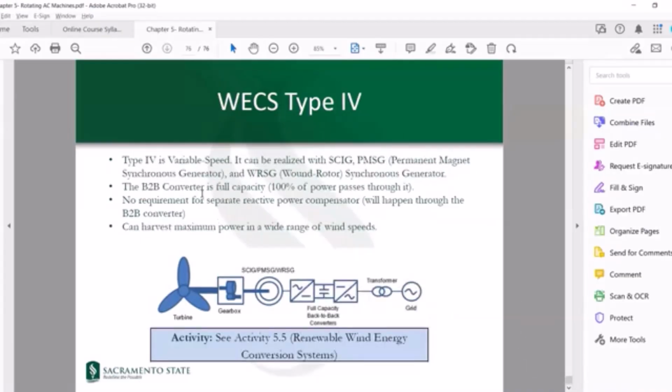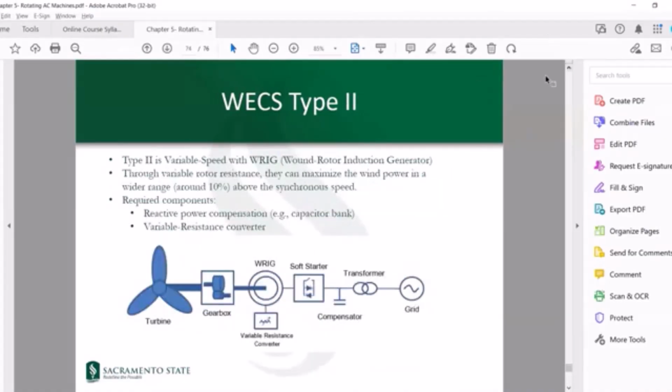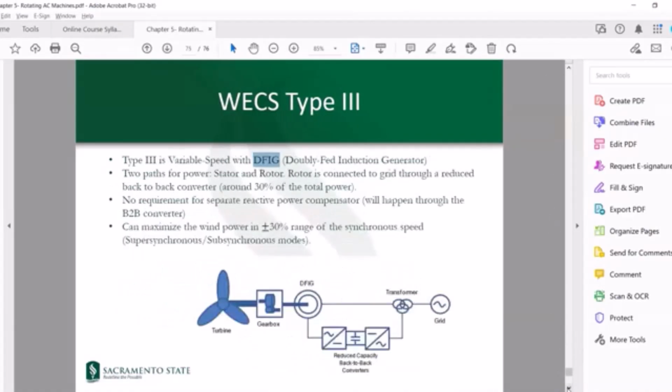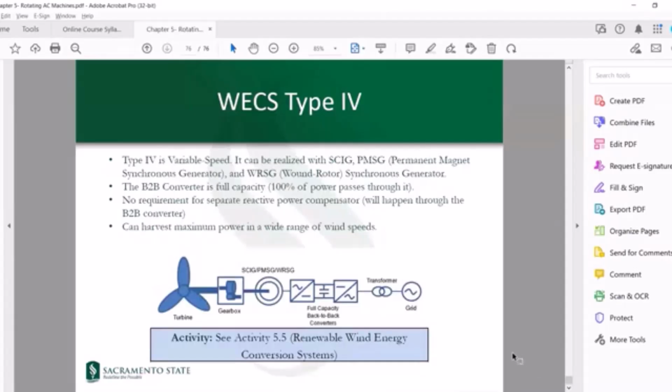And finally, type 4. The first 3 types were all using induction generators, types 1, 2, and 3. But type 4 can use a squirrel cage induction generator, a permanent magnet synchronous generator, or a wound rotor synchronous generator, with a back-to-back converter.